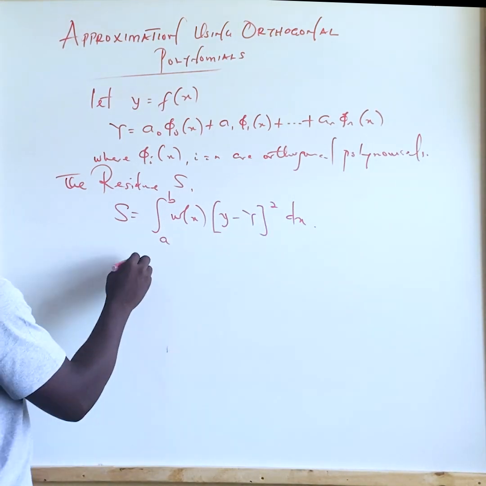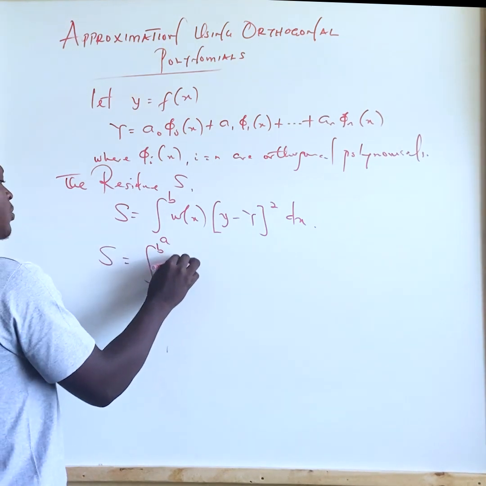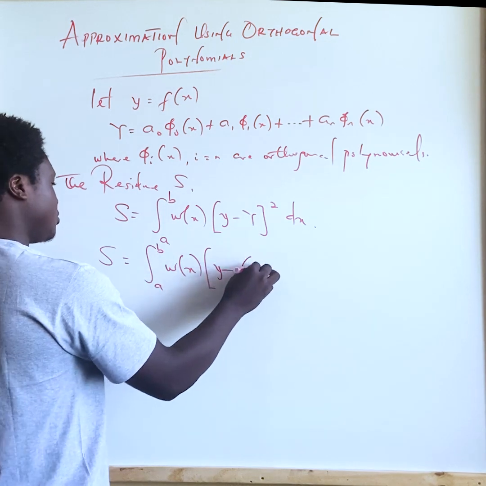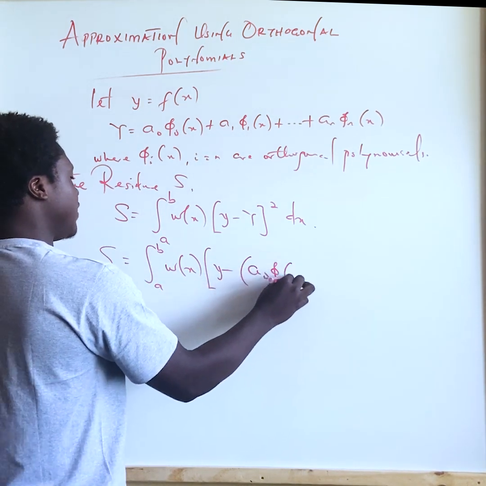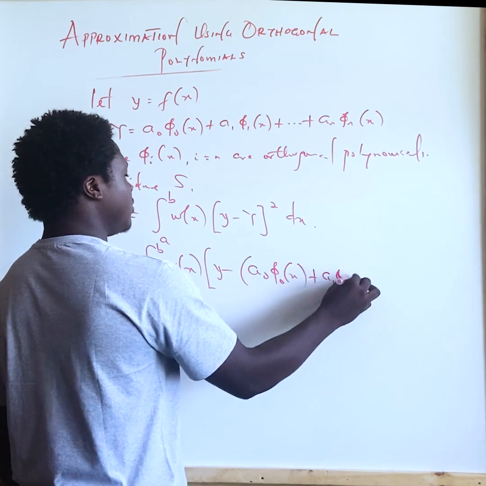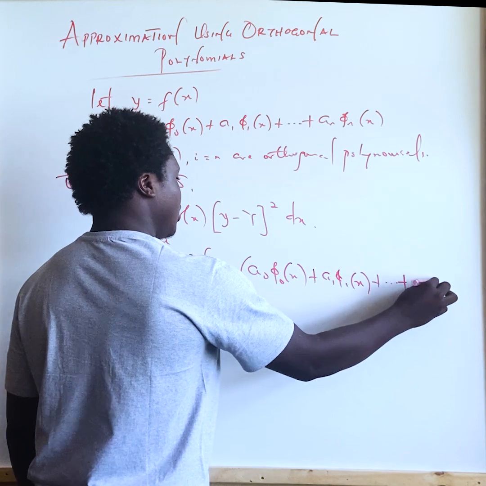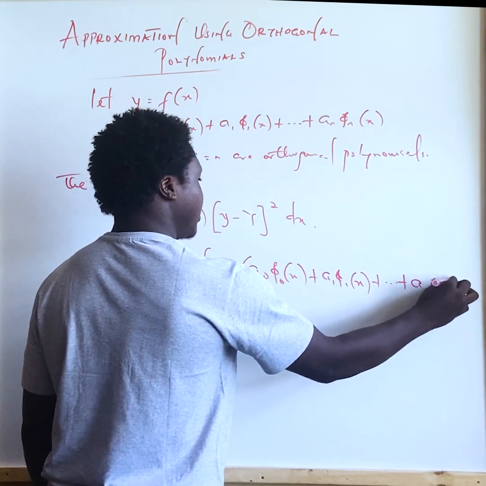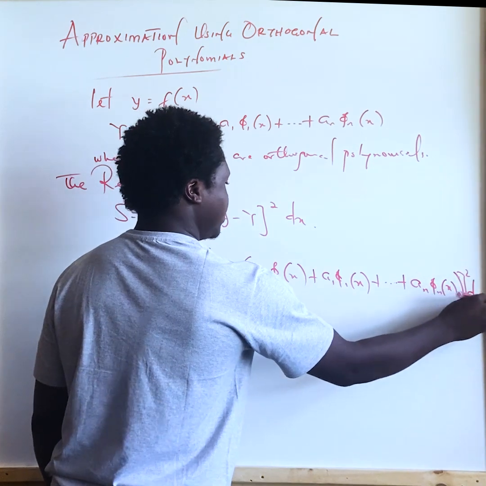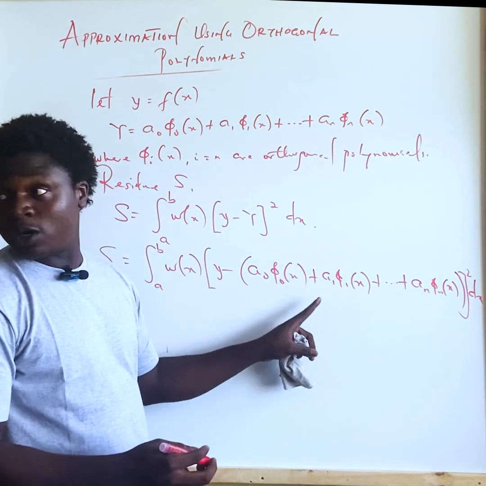So we can as well say our s is equal to the integral a to b of omega x into (y minus (a naught phi naught of x plus a1 phi 1 of x up to an phi n of x)) all squared dx. Remember, our phi values are the orthogonal polynomials.